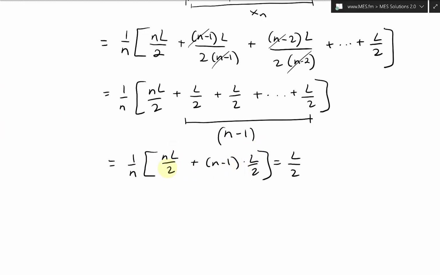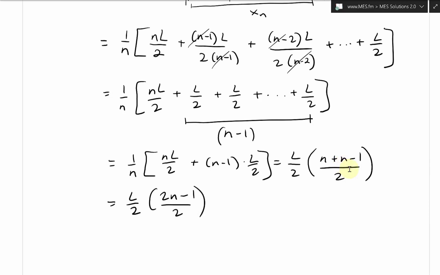So we'll factor out the L, and then we're going to write this as n plus n minus 1 over 2, like that. And this combines together, we get L over 2, and then 2n minus 1 over 2, like that. Actually, this is not a 2, this is n. Yeah, n and 2, they look similar. So like that.